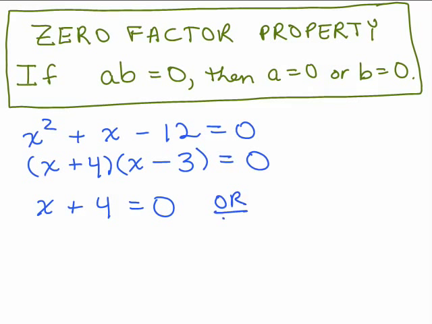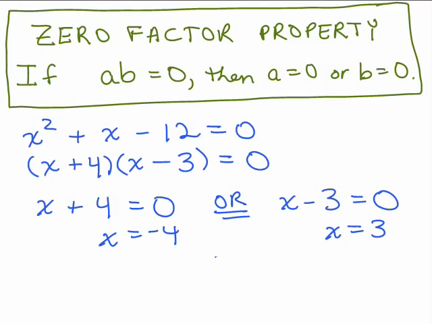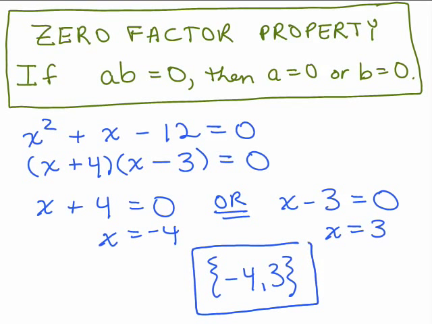Or, it's not and, or the other factor, which is x minus 3. If that was 0, I'd have a solution. This gives me two solutions, x equals negative 4 or x equals 3. So I have two solutions, negative 4 and 3. And of course, we are going to check those solutions.